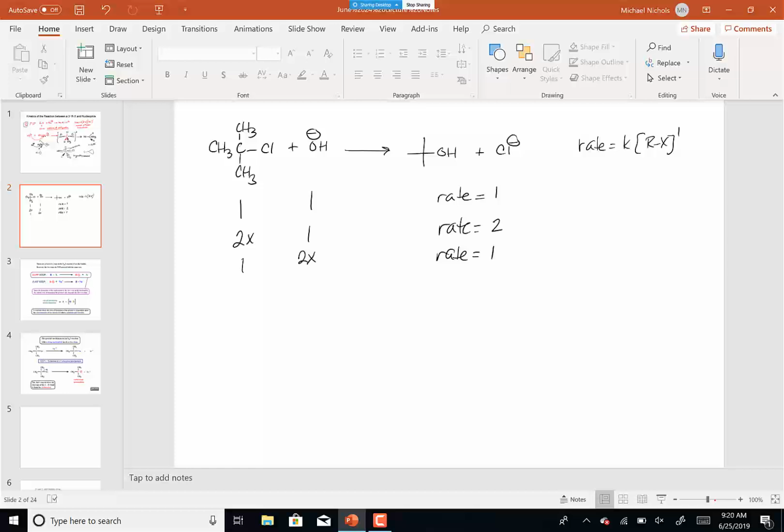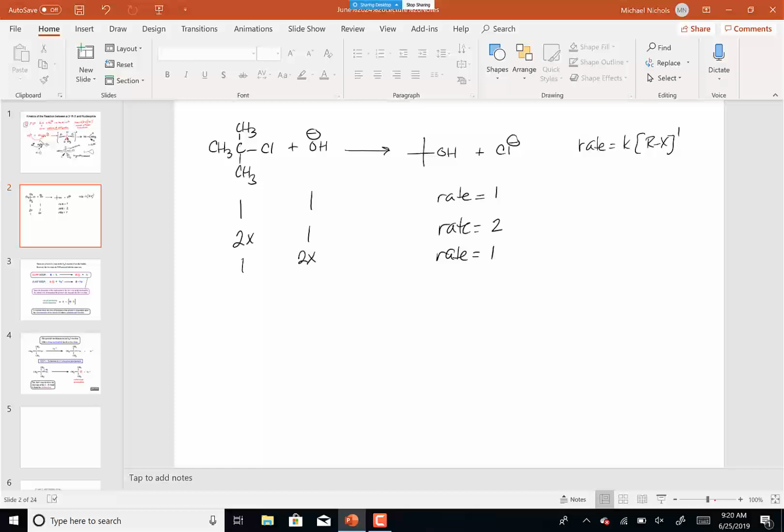They probably made it 10 times higher, and the rate still didn't change. So they found out that the rate wasn't dependent on the hydroxide concentration. And then they probably changed it to some other nucleophile and found out the rate didn't change there either.